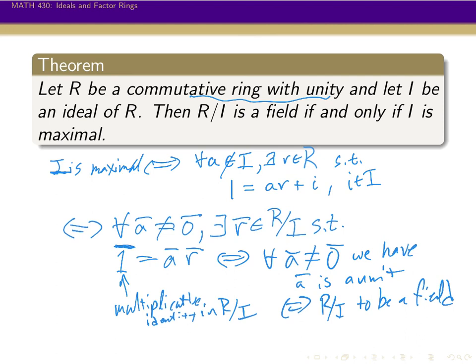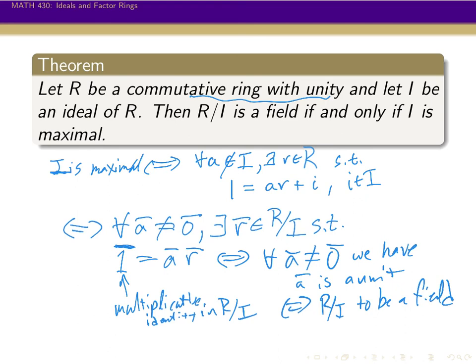So I being maximal implies that if we take anything that's not in the ideal, then there exists some element of the ring R such that the multiplicative identity 1 is equal to a times r plus something in the ideal. So again, that's what it means for I to be maximal in a commutative ring with unity.